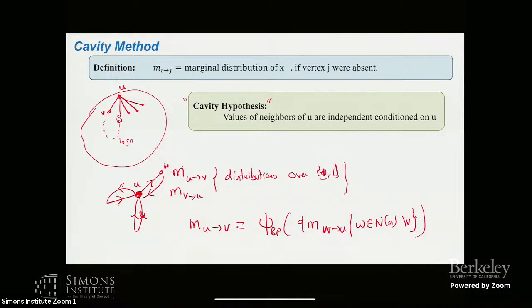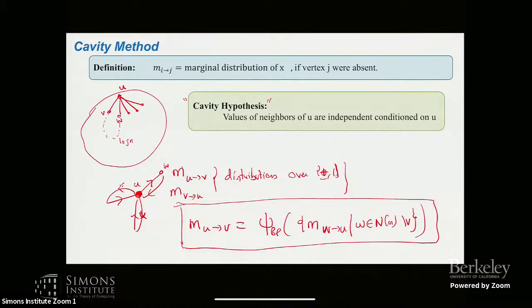So this is a property that we hypothesize to be true for the distribution that we care about: locally at every node, there are these numbers M U V that characterize the distribution, and these numbers satisfy some relation like this.